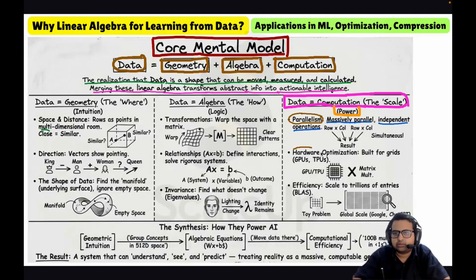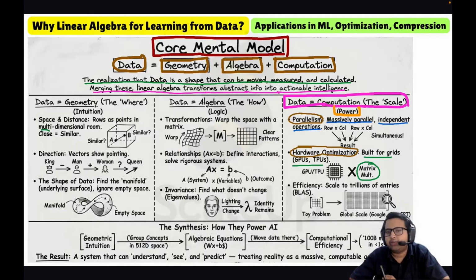Hardware optimization. Because the math is so structured, it makes use of matrices, vectors, the grid of numbers. Engineers built GPUs and TPUs specifically to do nothing but matrix multiplication. So the core idea behind GPUs and TPUs is matrix multiplication.